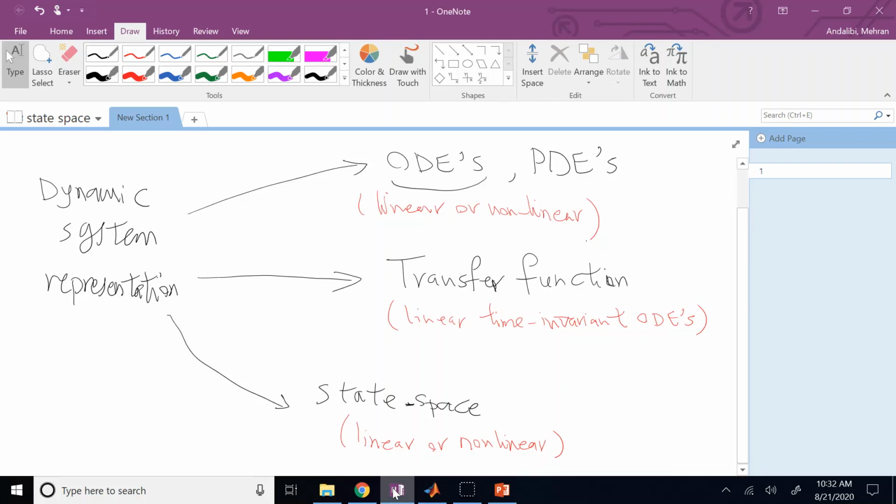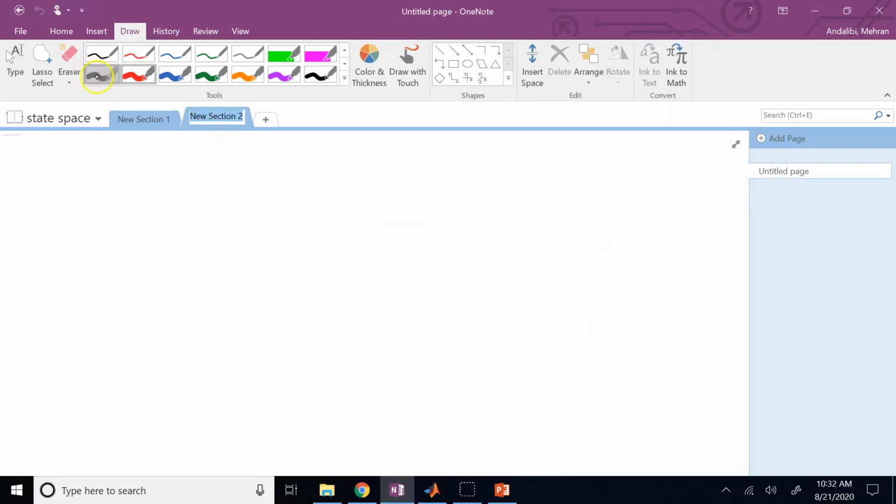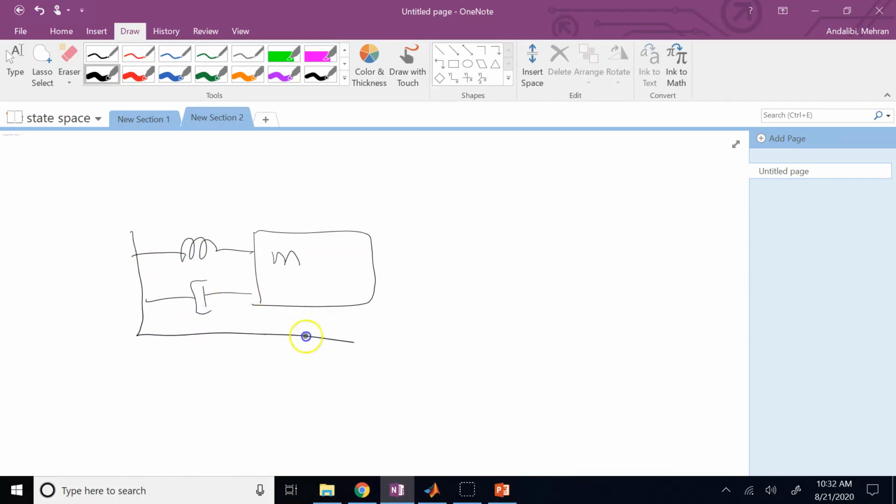So if we go back and look at the mass spring damper example, we had this mass connected with a spring and a damper to the wall, right? And let's say there was no friction, so that is k, that is c. And then there was an external force f of t, and the output of the system is x of t.